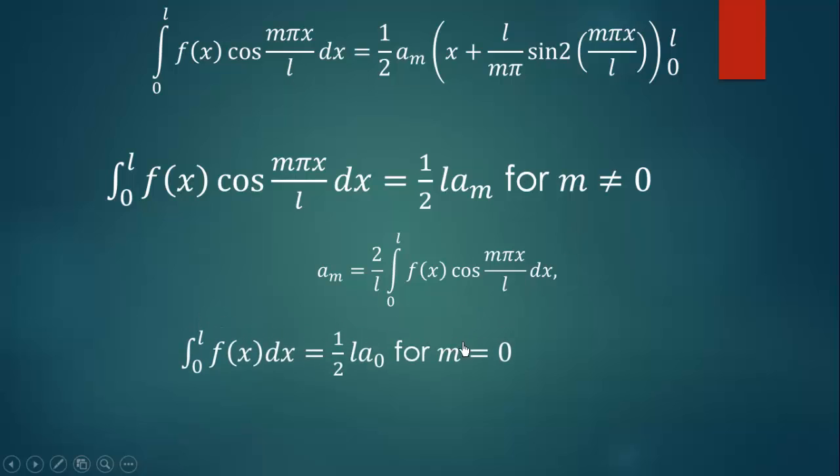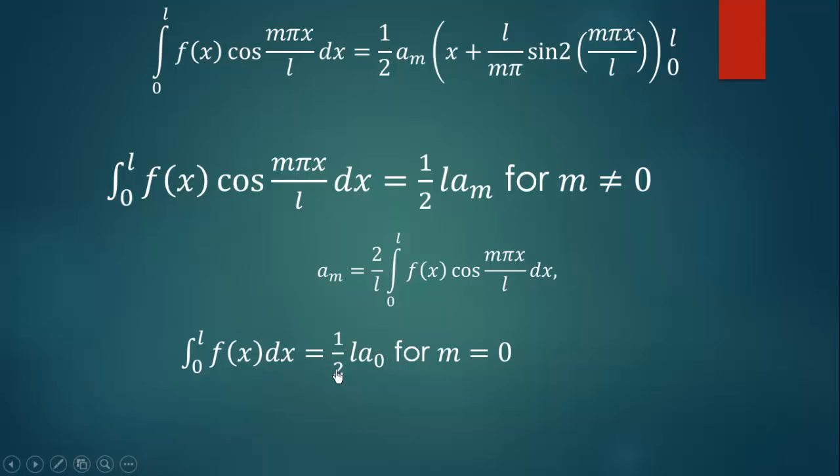Now, what if m equals 0? If m equals 0, we are going to get this expression to evaluate to 1. So we are going to get a naught to be equal to the integral from 0 to L of f of s dx.